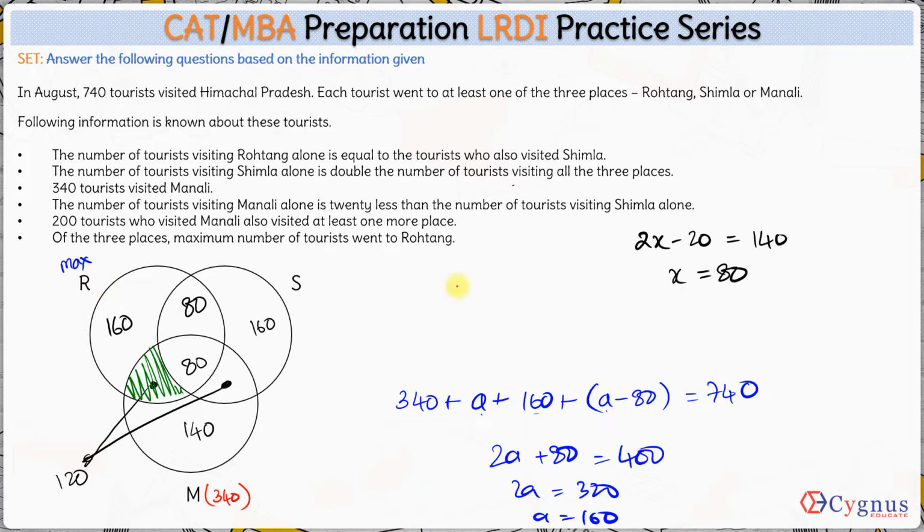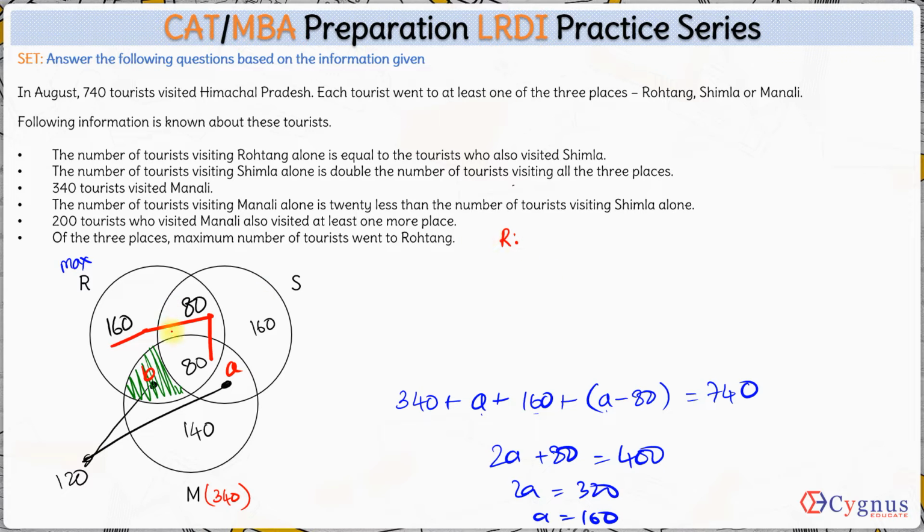Okay. So let's see the number of tourists visiting Rohtang is how many. Currently the number of tourists visiting Rohtang is 160 plus 80 plus 80 plus, let's say this region is B and this region is A for the time being.